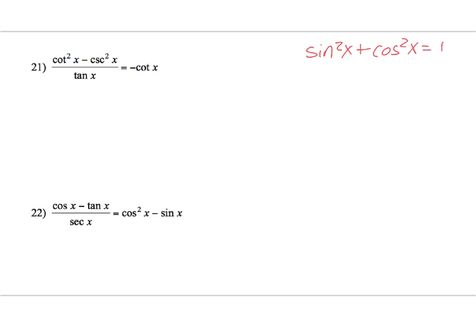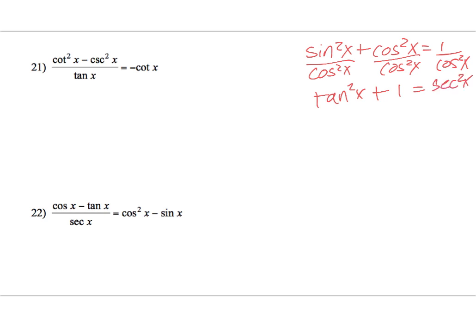If I divide both of these things by cosine squared of x, by both I mean all three, we get tangent squared of x plus 1 is equal to secant squared of x. Okay, that's not helpful because I was trying to get cotangent or cosecant. I don't see either of those there.